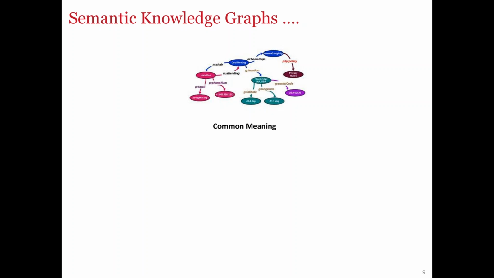And in particular, I'm going to talk about semantic knowledge graph. Basically, it's a very intelligent model or schema that allows us to specify and define concepts based on common meaning. So it gives us the ability to define basic concepts like what is the meaning of a customer, what is an automobile.